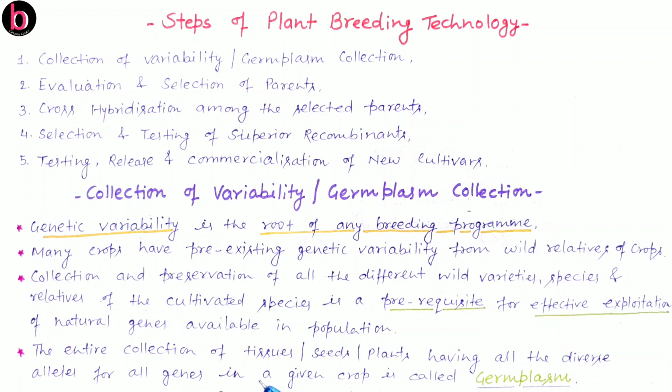The entire collection of tissues, seeds and plants having all the diverse alleles for all genes in a given crop is called germplasm. So what is germplasm?